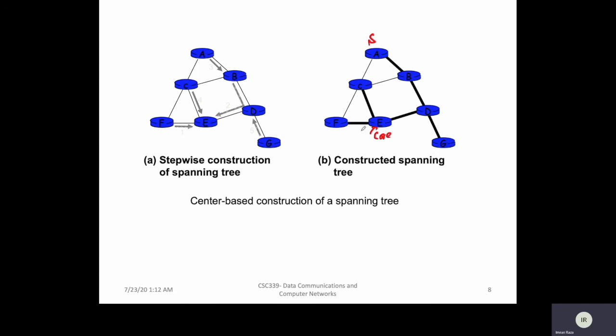If G is the source, this is the tree that will be followed. So we won't be constructing a tree every time for a new source, right? So one tree is being used for all the sending machines or the source nodes, and obviously constructing a minimum spanning tree in this case is a very complex problem, is an NP-complete problem.